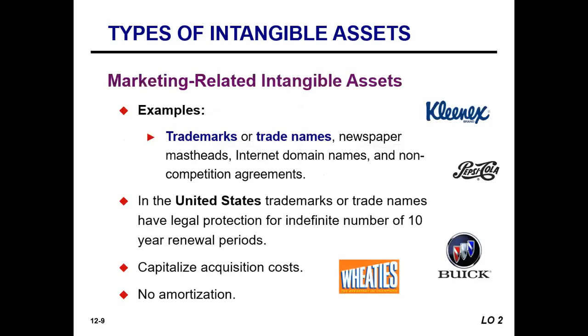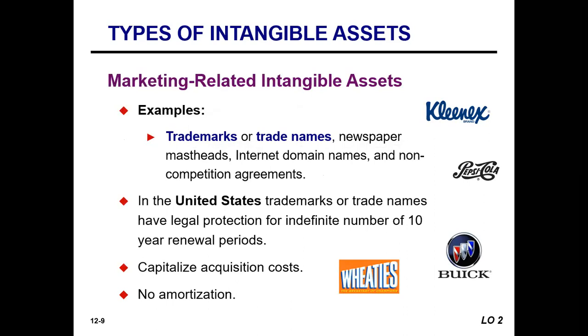All right, so again, marketing related intangible assets, things like trademarks, trade names, newspaper logos or mastheads, internet domain names, non-competition agreements. In the United States, trademarks have legal protection of 10-year periods, but then they can be indefinitely renewed.